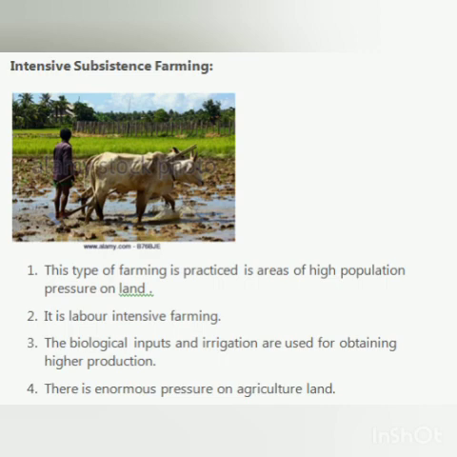Intensive subsistence farming. This type of farming is practiced in areas of high population. Under this type of farming, high doses of biochemical inputs and irrigation are used for obtaining higher production.